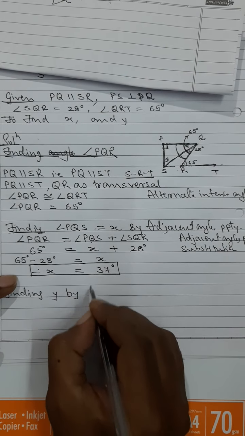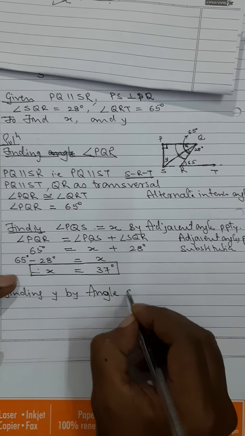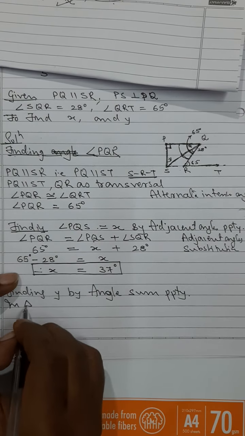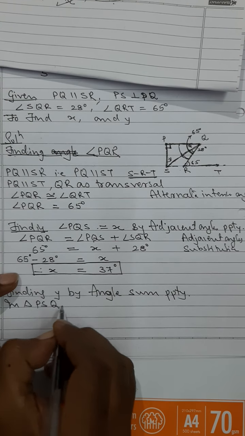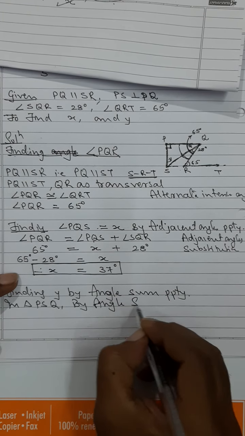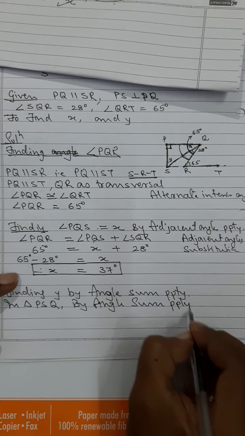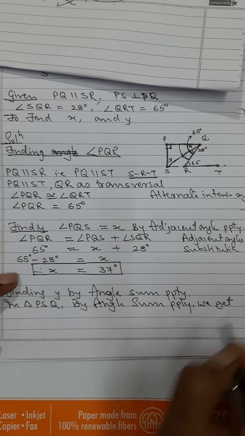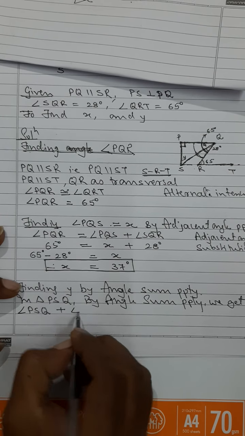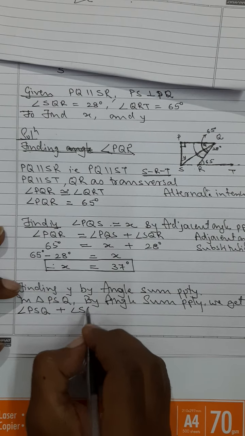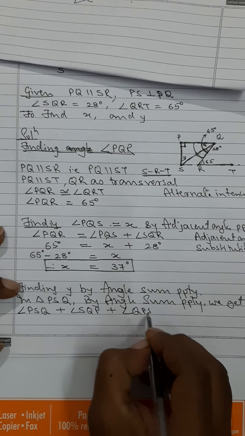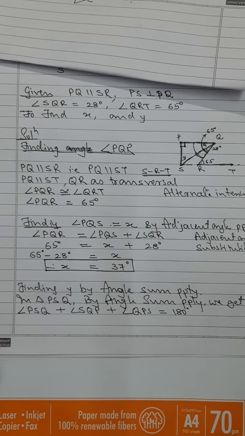So, in triangle PSQ, by angle sum property, we get, fine, what do we get? Angle PSQ plus angle SQP plus angle QPS is equal to 180 degrees.